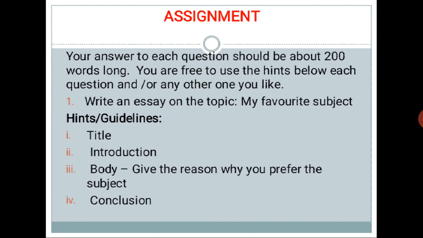Assignment number 1, write an essay on the topic, my favorite subject. The hints or guidelines, the first one, title, second one, introduction, third one, body, and here you are required to give the reasons why you prefer the subject, and finally the conclusion.